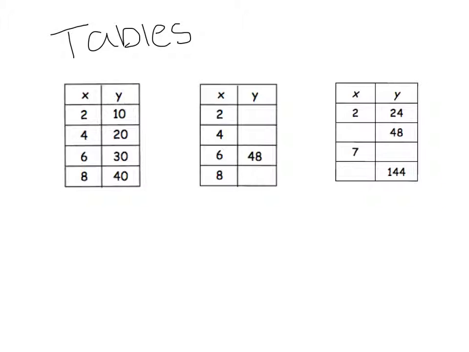If we want to know if something has direct variation, we need to look at every entry in the table. And for direct variation, we know that it is y equals kx. So we need every single y to be a multiple of x by the same multiple.